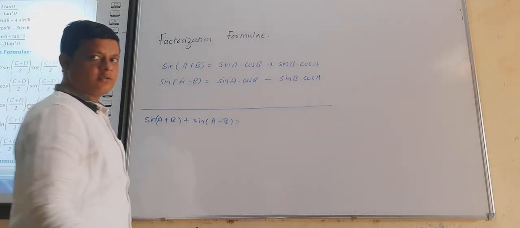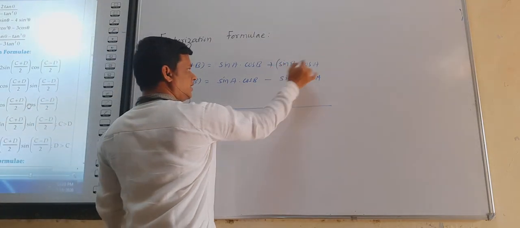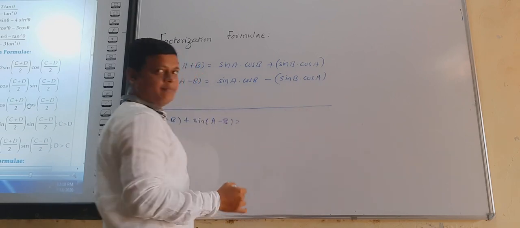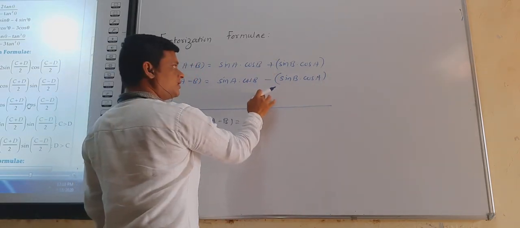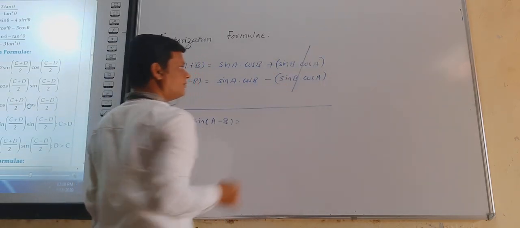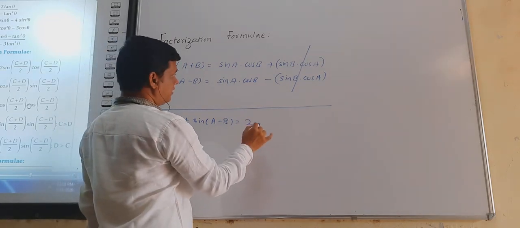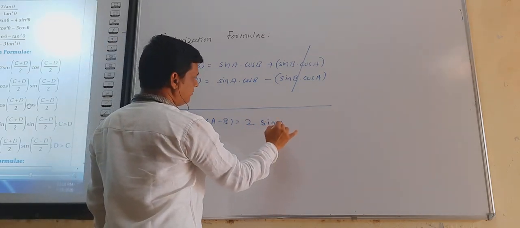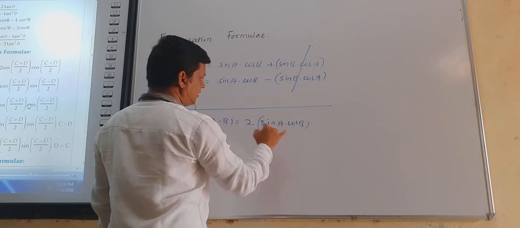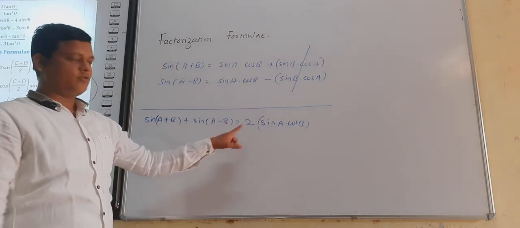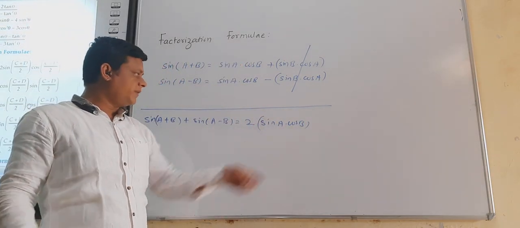In RHS, these two terms are the same but of opposite sign, so they get cancelled. So we get 2 times sin a into cos b.